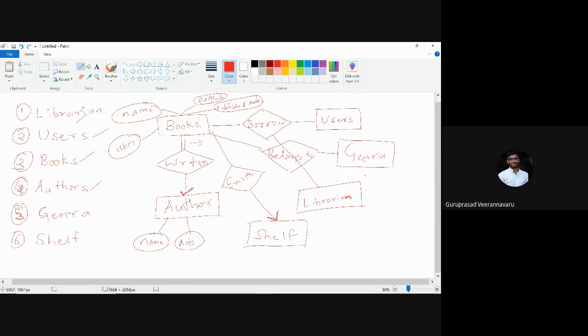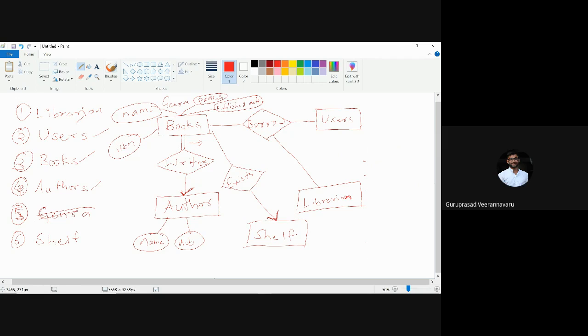We can add the genre type with the name, pages, and publish date. Yeah, I feel that is much better, instead of having a genre here. Yeah, type, makes sense.